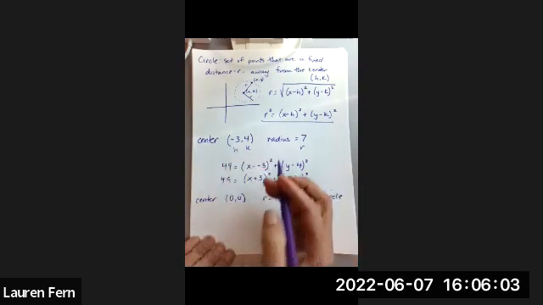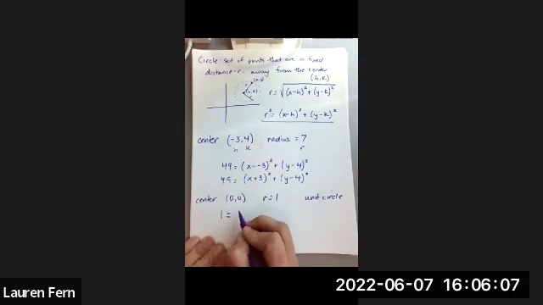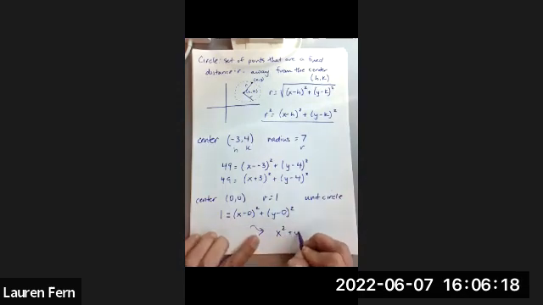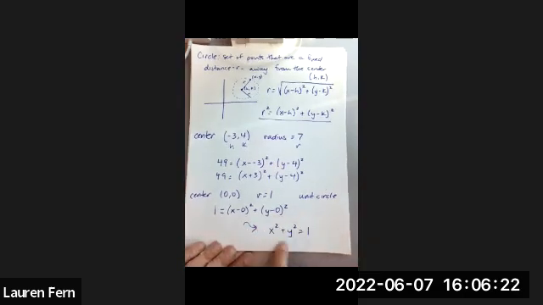Putting that in, I'm going to have R squared, which is 1, is X minus 0 squared plus Y minus 0 squared. Notice H and K. So another way we could write this is X squared plus Y squared equals 1. And when you see this, I want you to start thinking, oh, this is the equation of the unit circle.